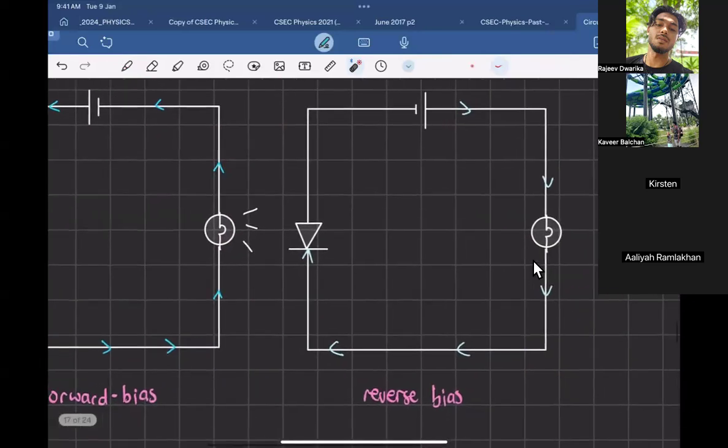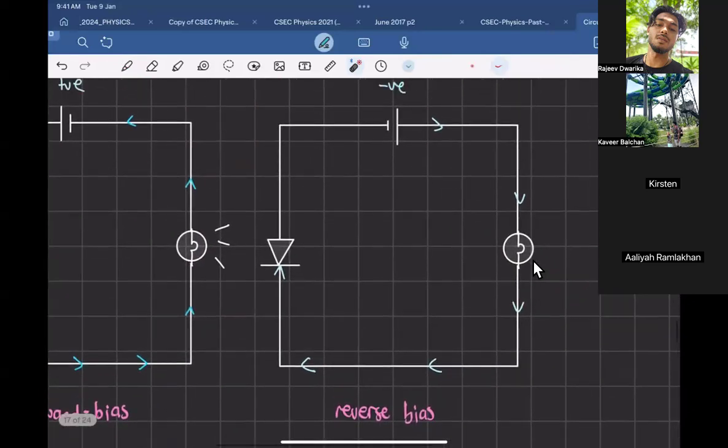If I want to make this circuit forward bias, what would I have to do with the diode? Tell me, guys, if I want current to flow through this circuit, what do I do with the diode? You're allowed to remove the diode and change it. You could turn the diode so it faces like this.